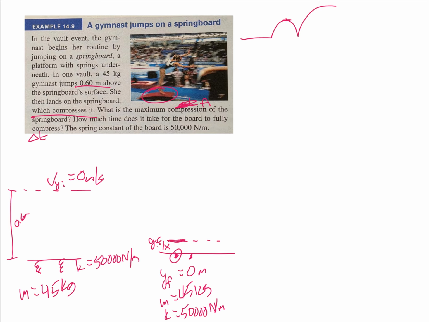All right, let's see. What can we do? Let's look at the energy of this. What do we have? Spring potential. Once we load up the spring, it has potential energy, right? So what would that look like? Let's just start basic: potential, spring.